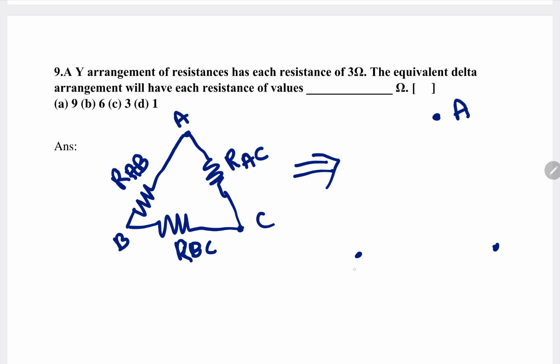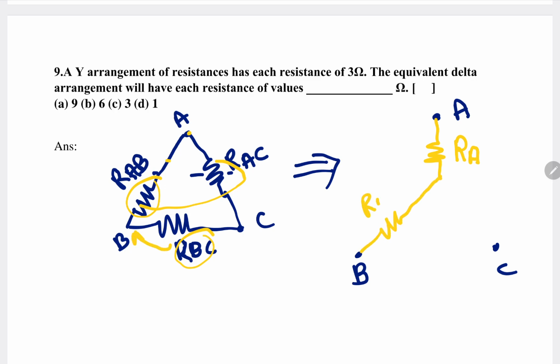This is A, B and C. The resultant of RAB and RAC should be connected to the A terminal, and I am calling that RA. The resultant of RAB and RBC should be connected to B, and I am calling that RB. The resultant of RAC and RBC should be connected to C, and that is RC.